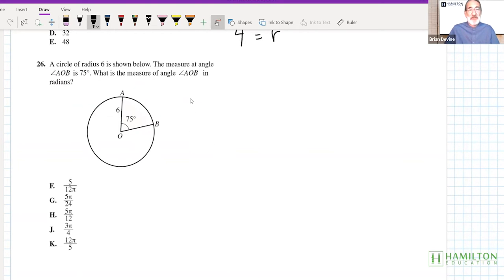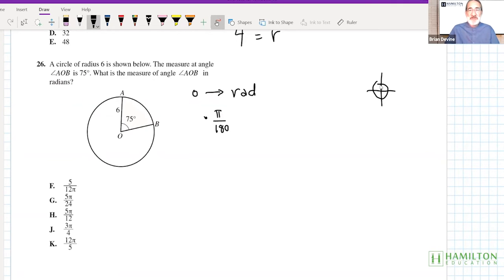Well, recall that if I'm going from degrees to radians, I multiply the degree measure by pi over 180 because the idea of a unit circle, if the radius is 1, the circumference is 2 pi.